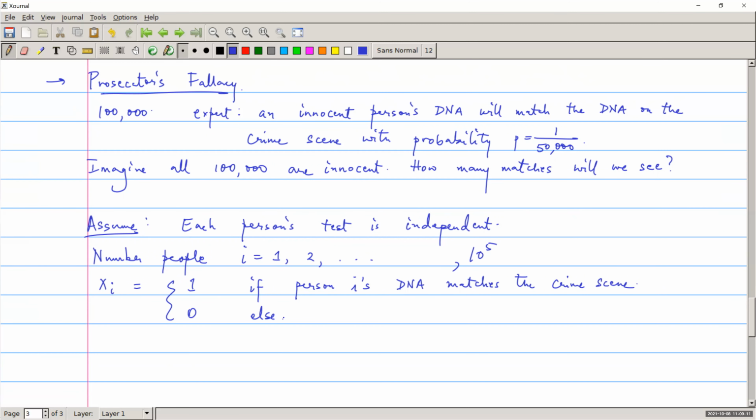Now what do we have? We have X1 to X100,000. Now what is the probability Xi equals 1? The ith person's DNA comes as a match to the crime scene.